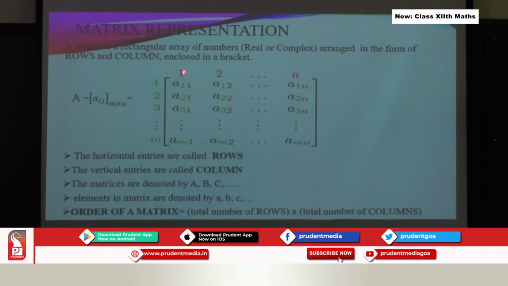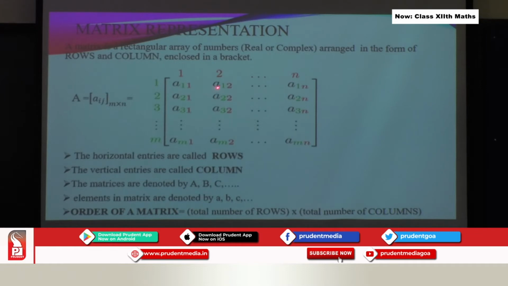Like this, you can see here there are n number of columns and m number of rows. Over here, A11 represents the first element, and the position of this element is first row and first column.